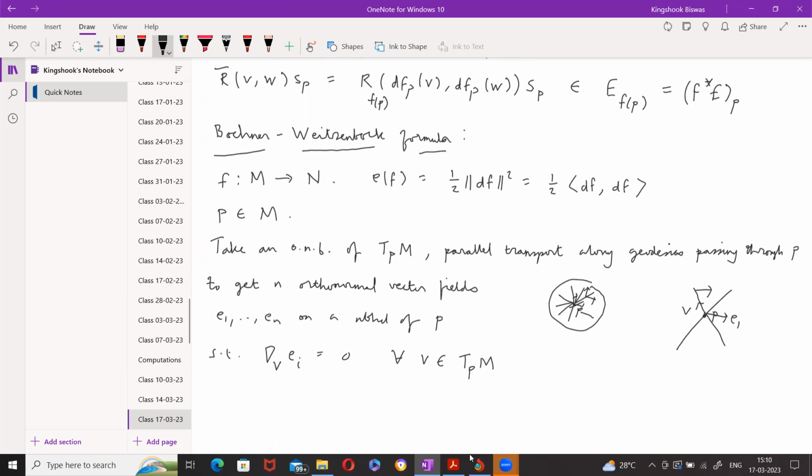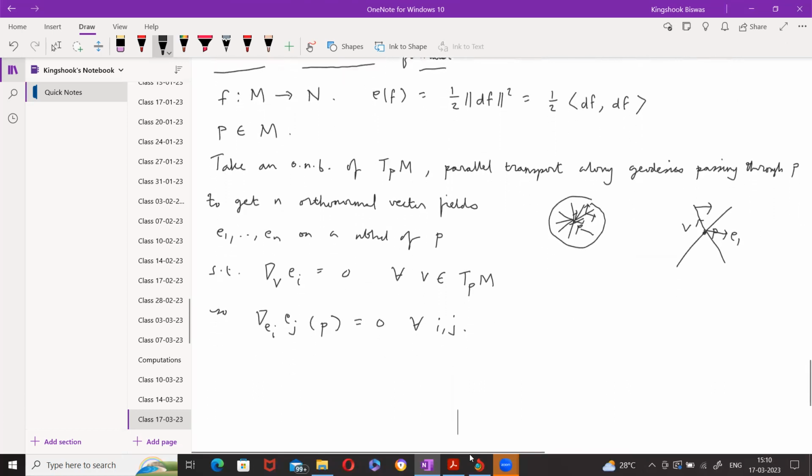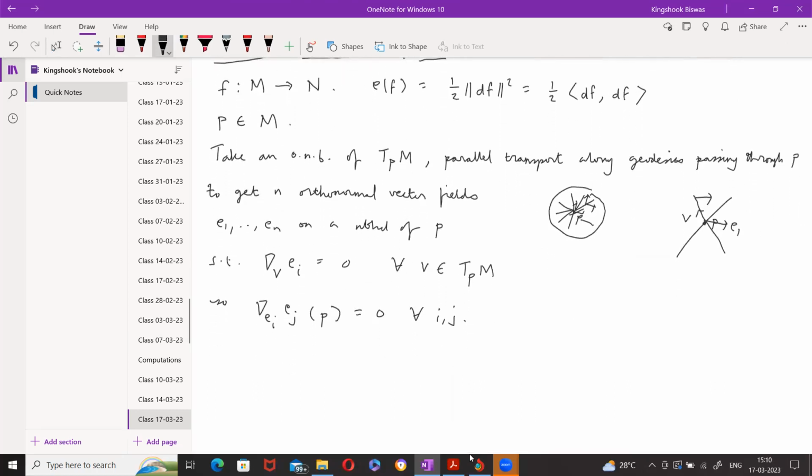Yes, so all the covariant derivatives of these vector fields at the point p will vanish. In particular, this means that nabla_{e_i} e_j is 0 at p for all i, j. This e_i is called a local orthonormal frame.